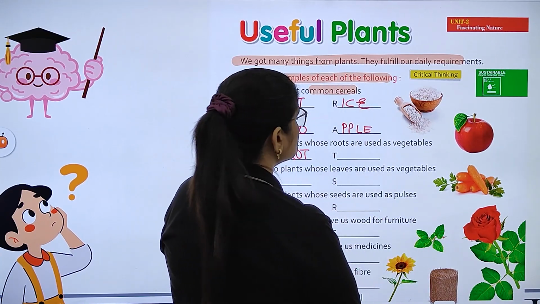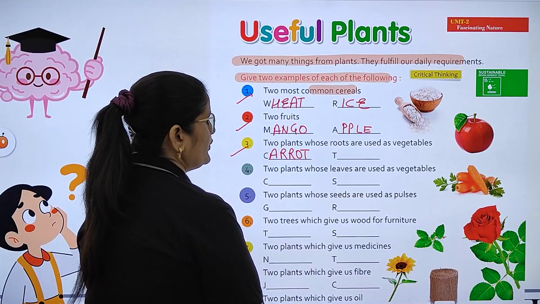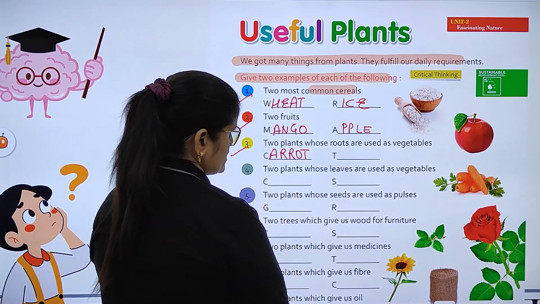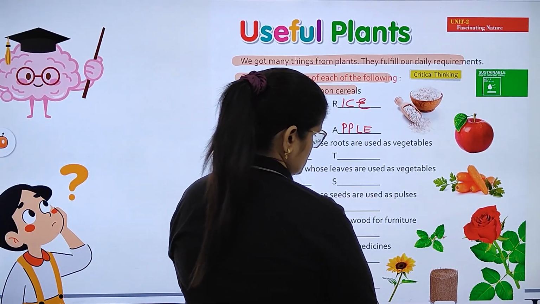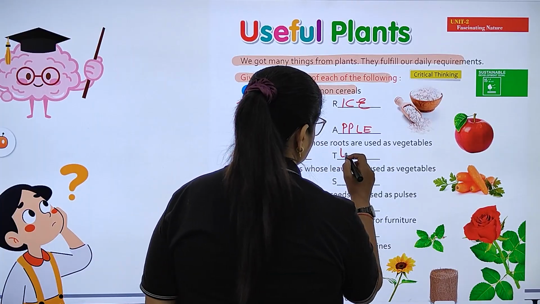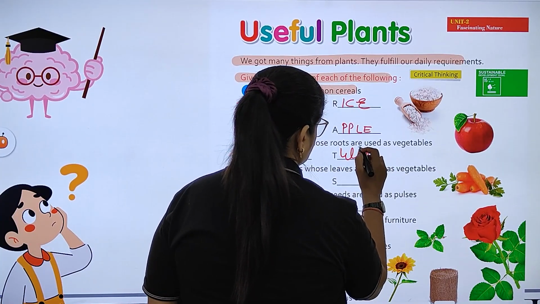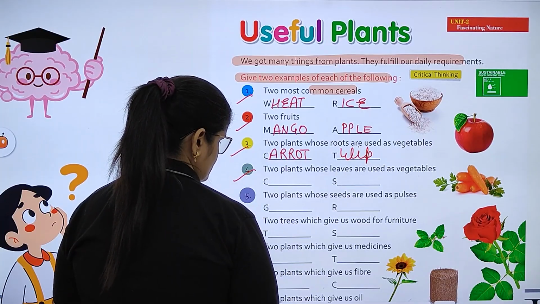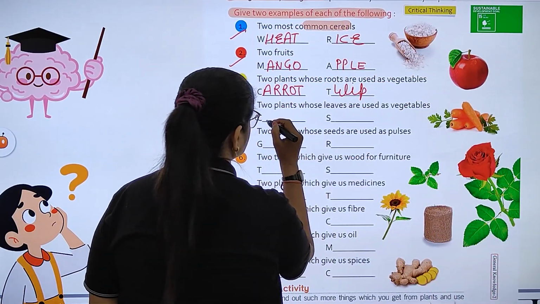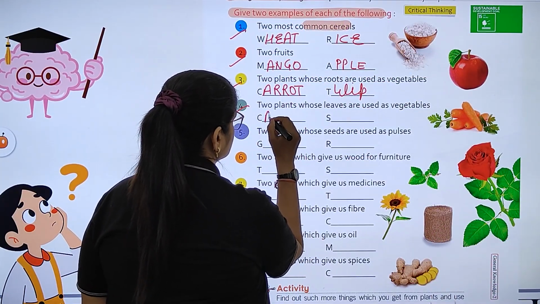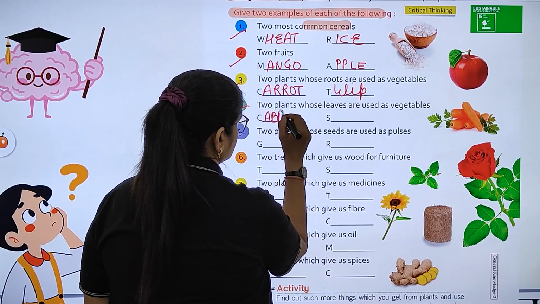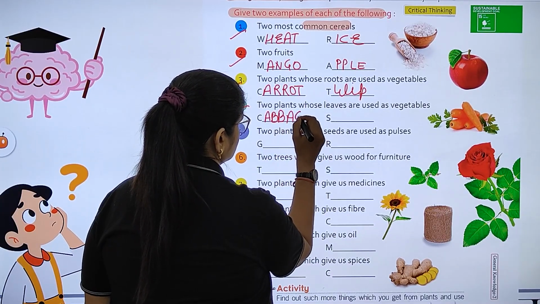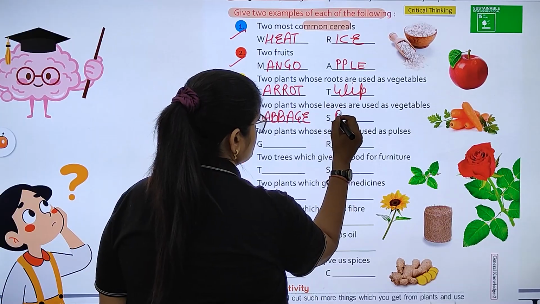Two plants whose roots are used as vegetables. Tulip. Two plants whose leaves are used as vegetables: cabbage, spinach.